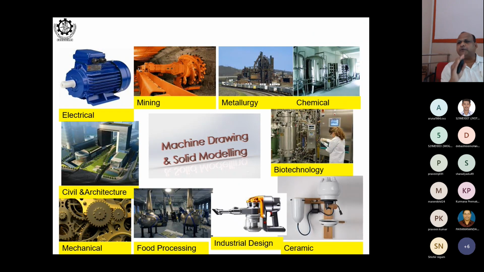Ultimately what I am trying to say is that solid modeling is important for a good drawing or error-free drawing. That is the primary motto of drawing anything. Whatever branch you talk of, you will be dealing with machineries, experimental test setups and test specimens. So solid modeling is important.